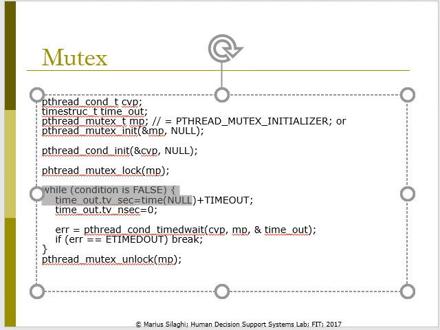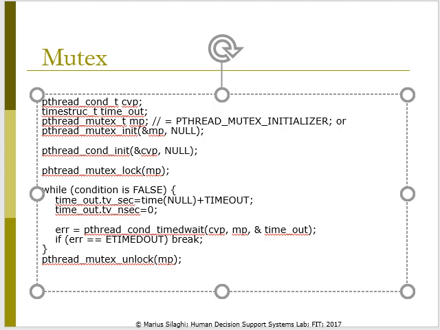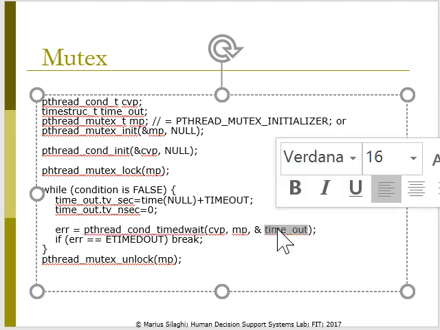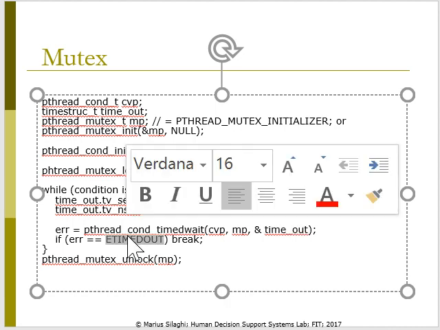If the condition is false, then a timeout can be computed and stored in the timeout variable of the type struct timespec. And the pthread_cond_timedwait can be called with the condition variable, the mutex and the timeout, to test whether the condition was satisfied or just the timeout happened. We can test the result.